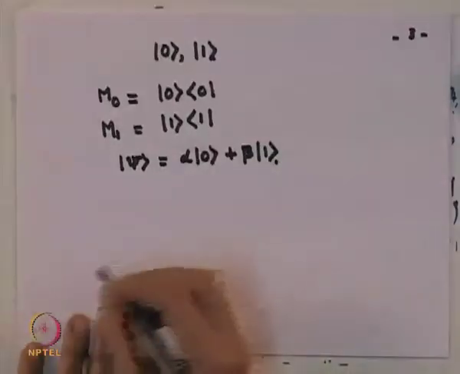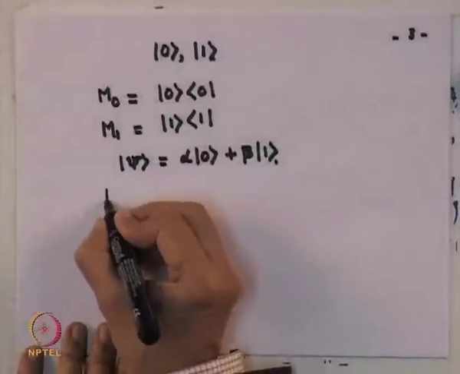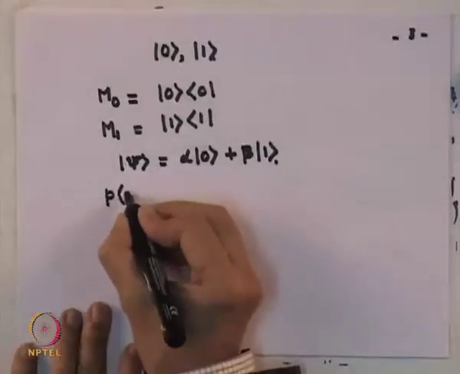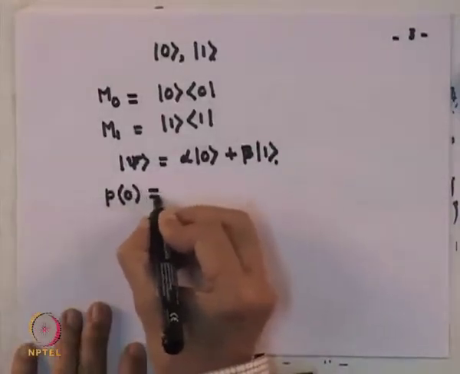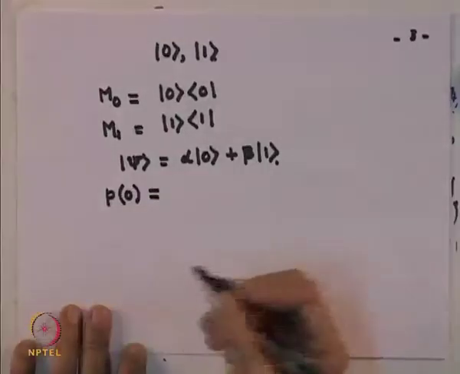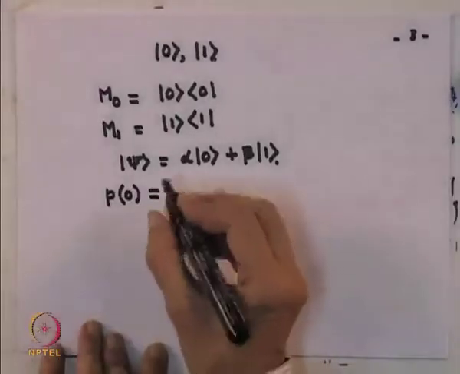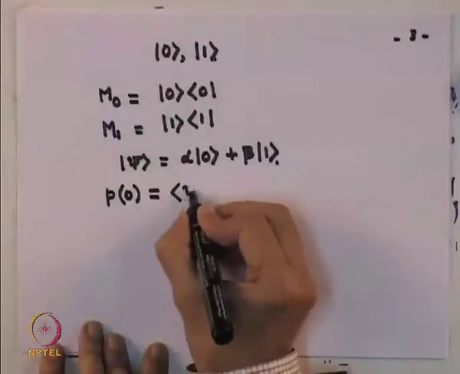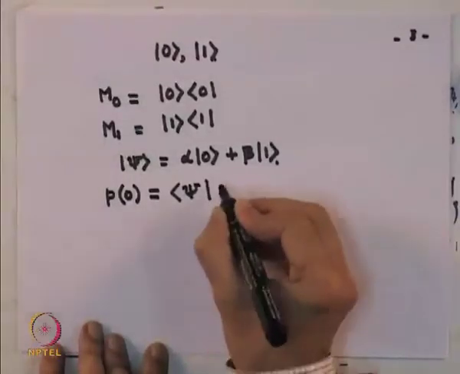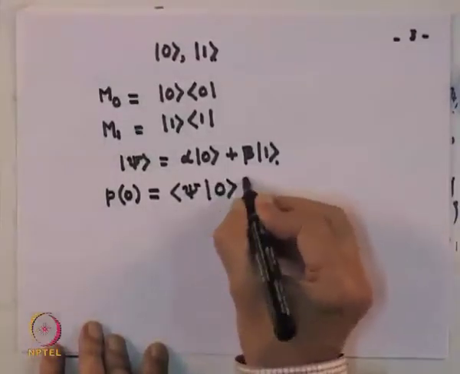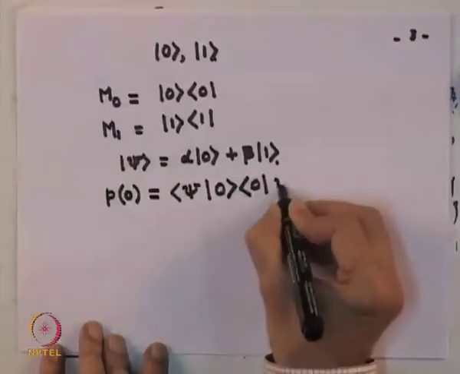Let us look at this. What is the probability of picking up the value 0 out of the measurement? We just now said this is given by psi, the corresponding projection operator, which just happens to be |0><0|, psi.